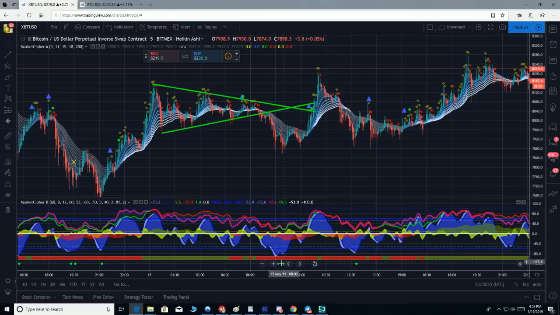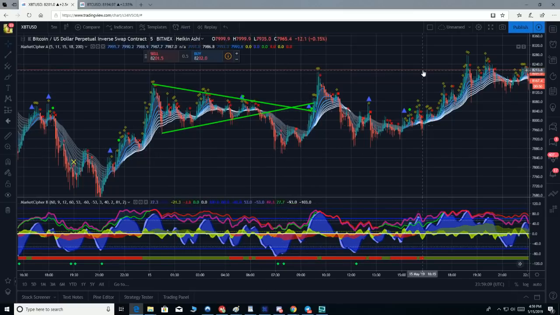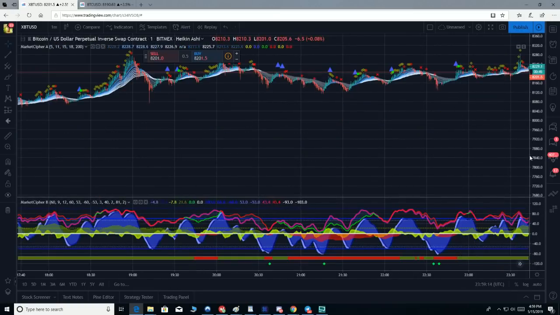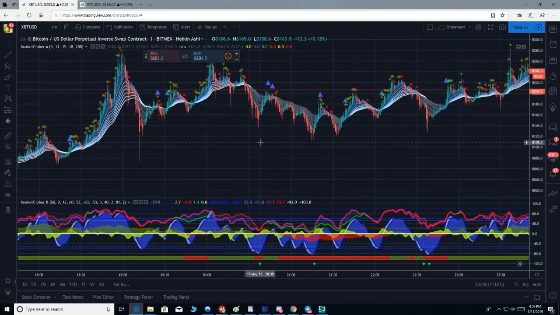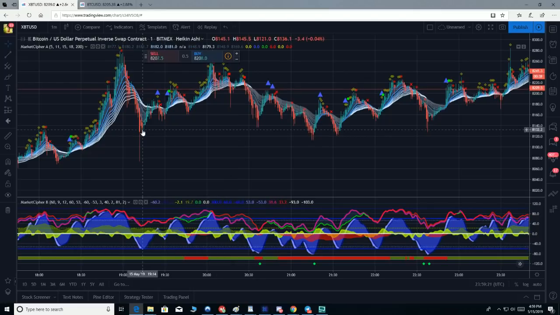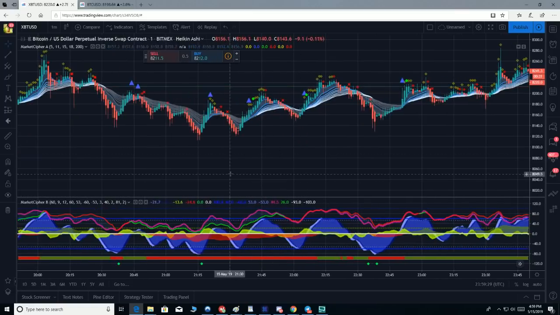Oh my God, did I forget the green dots in the Market Cipher? When the green dots appear, that means that it is a bottom. Now it doesn't mean it's going to go up forever, but even on the 1 minute, these green dots represent a bottom.